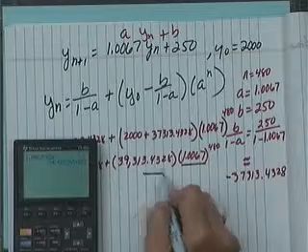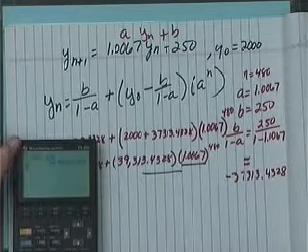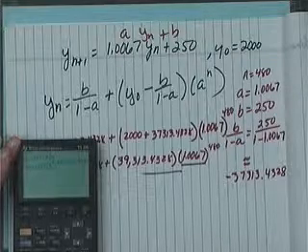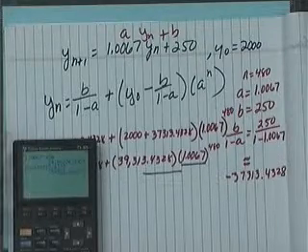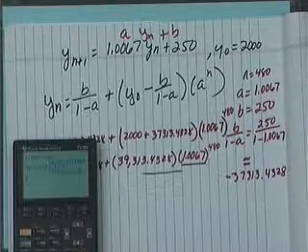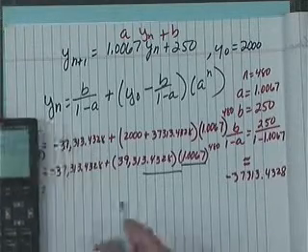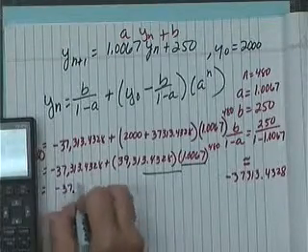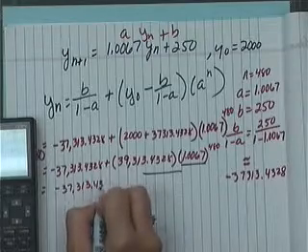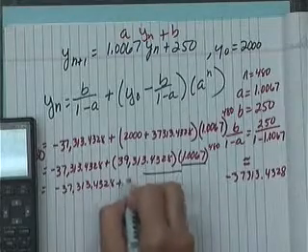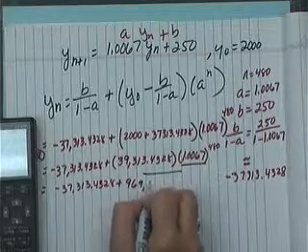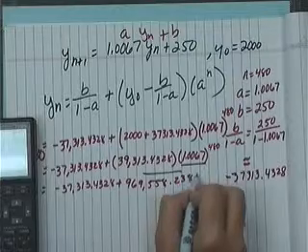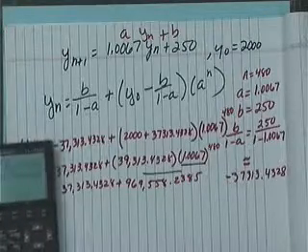So we do the exponents first, and now we'll do the multiplication. That's not what you got?